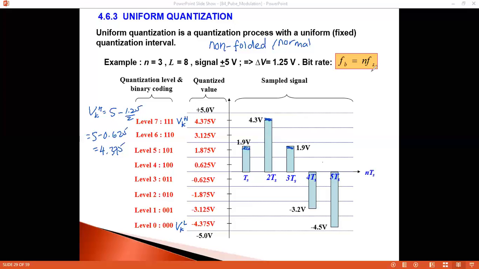This Fs should be larger than or equal to 2 Fm, and this part determines the number of samples that we have. So that's how we get our bit rate, the number of bits per second that are transmitted.